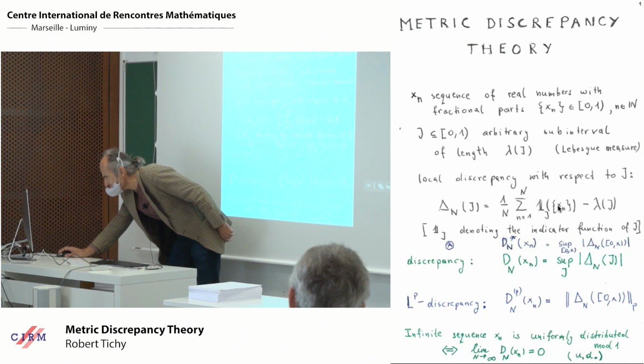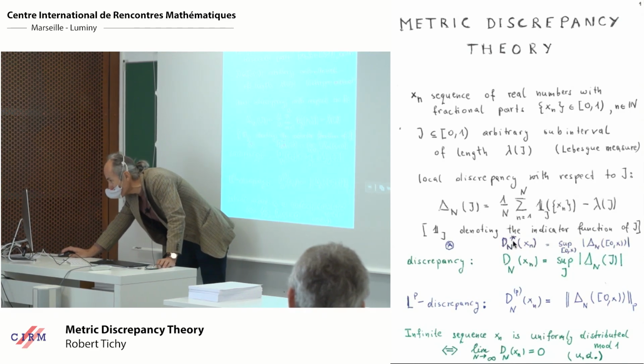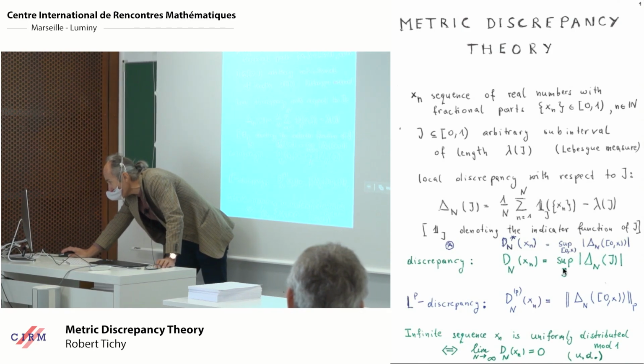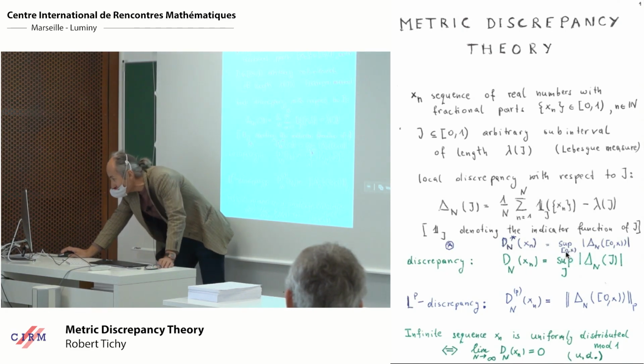This is a difference, and then we discuss the extremal error. So we study all intervals J and take the supremum over the absolute value of these local discrepancy functions, or we just consider intervals anchored in the origin, which gives the so-called star discrepancy.